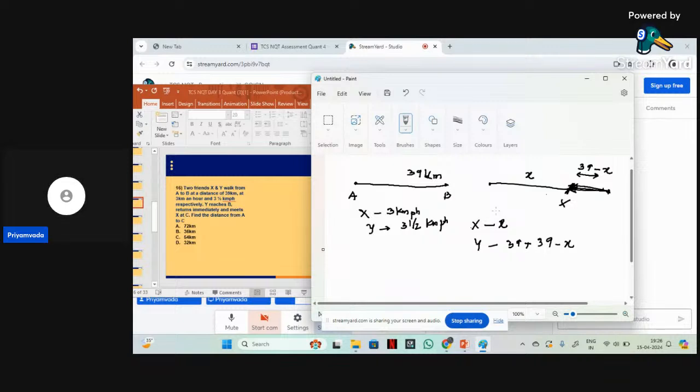So the distance traveled by both of them together, no matter what the value of x is, it gets cancelled at the end.